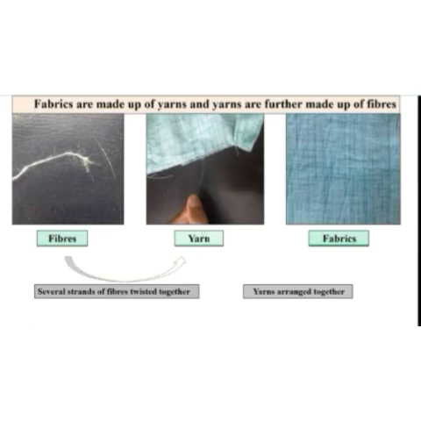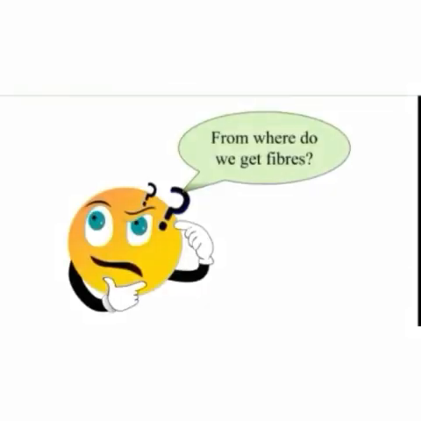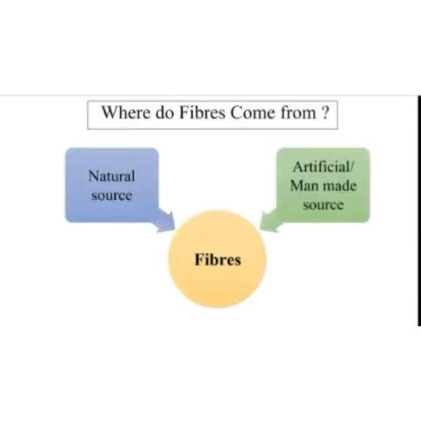So now we understood that fabrics are made up of yarns, and yarns are further made up of fibers. Or in other words, several strands of fibers are twisted together to make yarns, and yarns are arranged together to make fabric. So now students, the next question arises: where do we get fibers from?